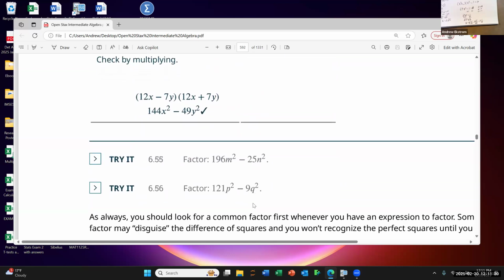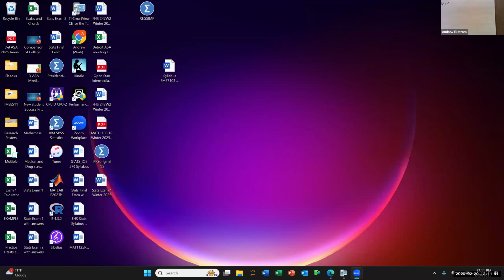Let's do one of these really quickly just so we can see what's going on. So if I have 121p squared minus 9q squared, with all of these, what I have to keep in mind is that I'm going to have something times p plus something times q, then something else times p plus something else times q.